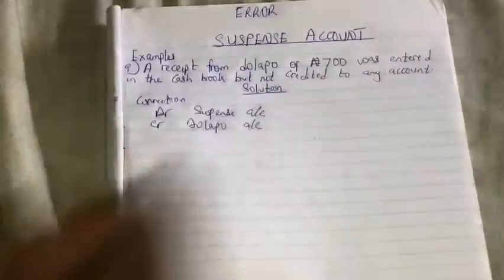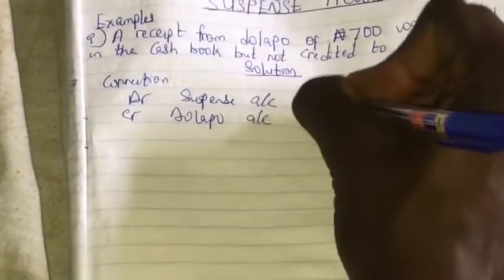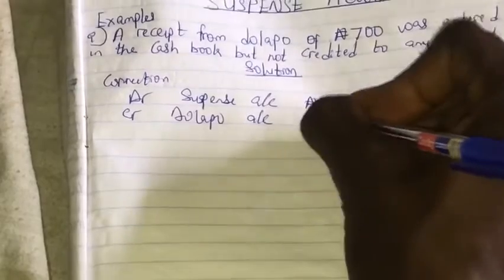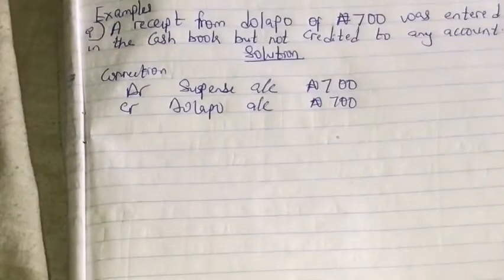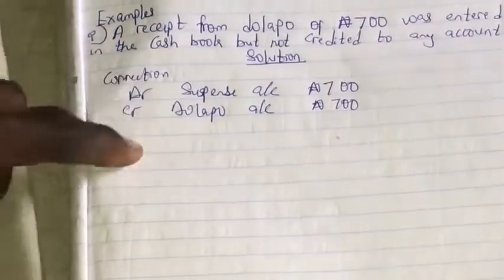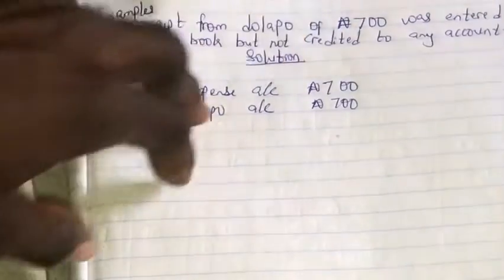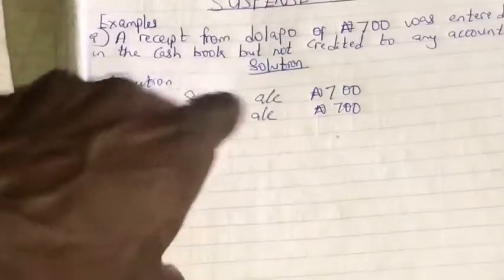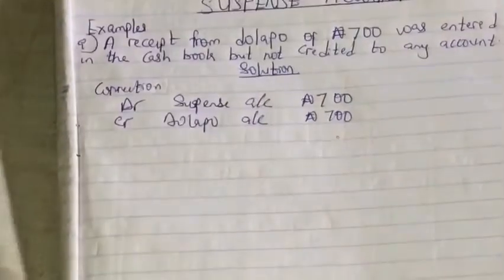So you debit your suspense account by 700, then you credit Dolapo account by 700. Like that, it is balanced, because you have already debited your cash book in the first place, so you can't do that twice. Therefore, you use the suspense account to replace it. That is how it is done.